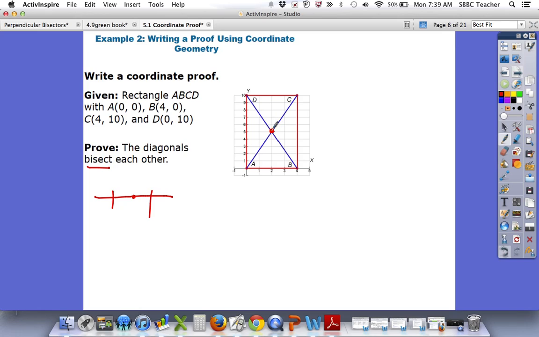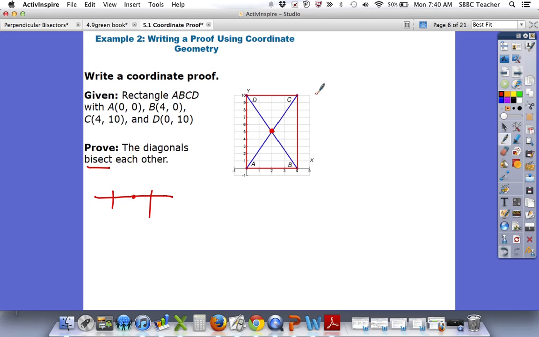How do we prove this is a midpoint? We need to see if the midpoint formula for segment AC gives the same midpoint as the midpoint formula for DB.